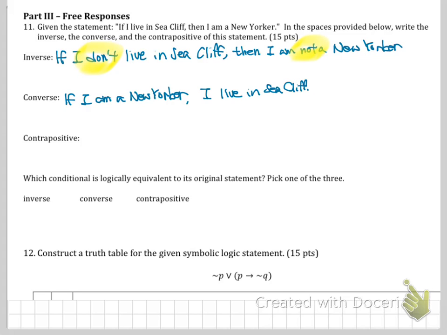That's converse. Contrapositive is not only switching the order, but also negating it, putting inverse and converse together. So the way that I can write it is, if I am not a New Yorker, I don't live in Seacliff.